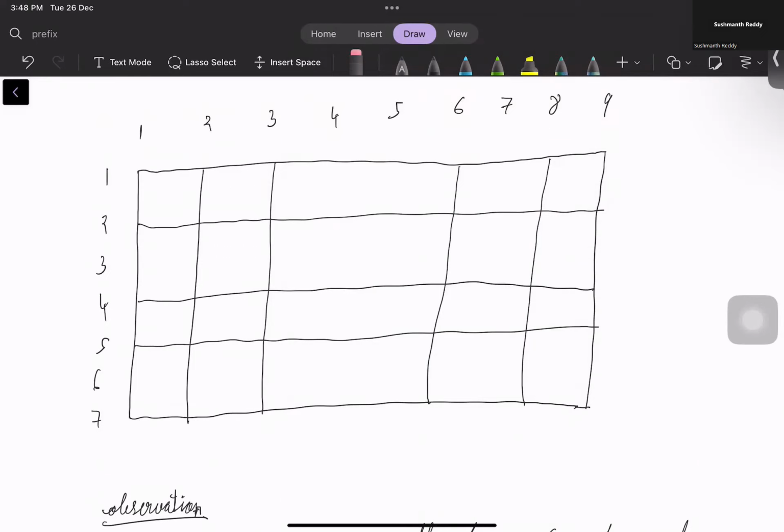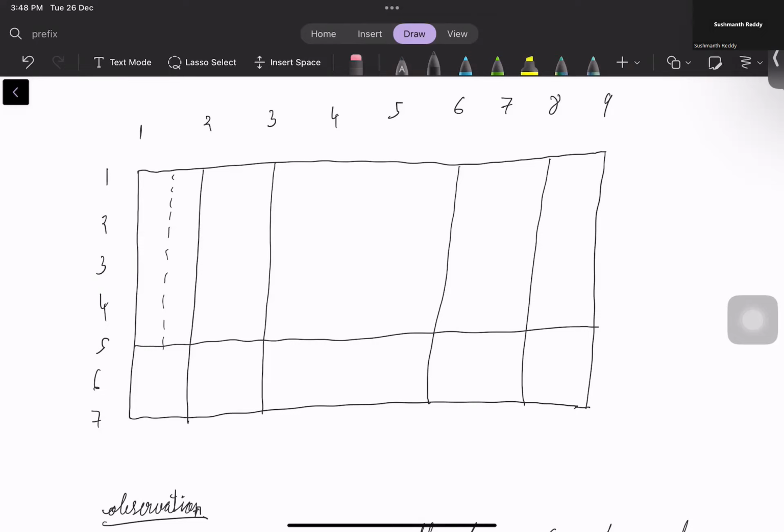If I remove this, then we can see that this part will contribute to the square's side. Similarly, if I remove this, this part will contribute, and this part will contribute with respect to the border fence, and so on.